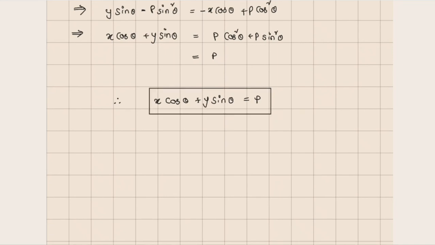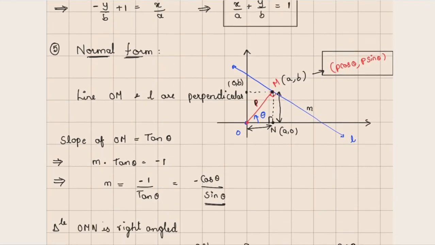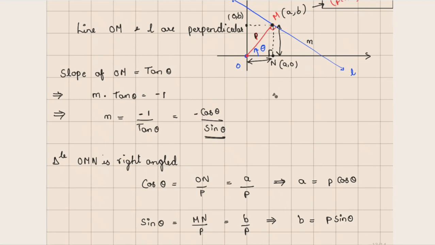Okay, see, the conditions are, the first condition I will write here. I forgot to write the conditions. Length of perpendicular from origin to line L equals P, when it is given.